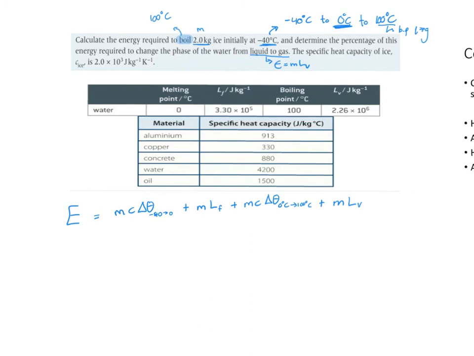So now I just need to put my numbers in. I know that it's 2 kilograms for the first expression, times the specific heat capacity of ice, which is this much, because this is where it's ice. This is when it's water.